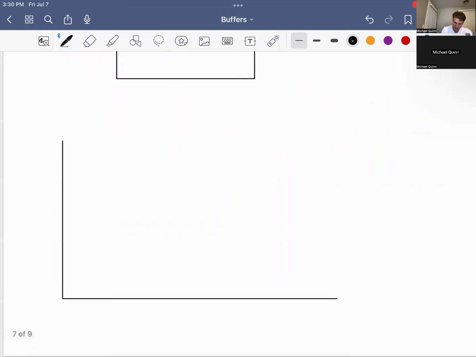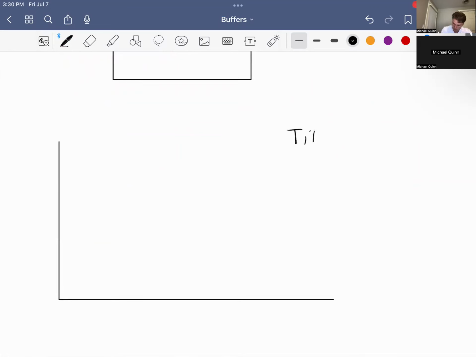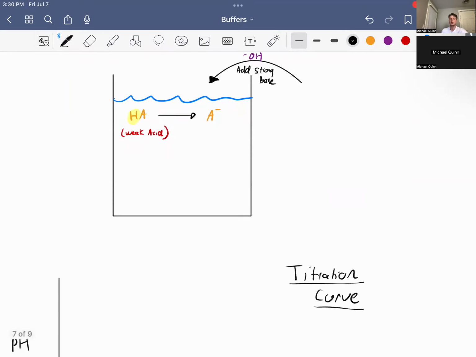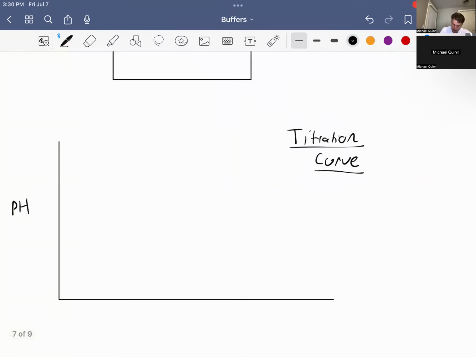The units on this titration curve are going to be pH. And in this case, we're adding a strong base, so you will see in a titration curve the milliliters of whatever you're going to add, so the milliliters of OH minus added.